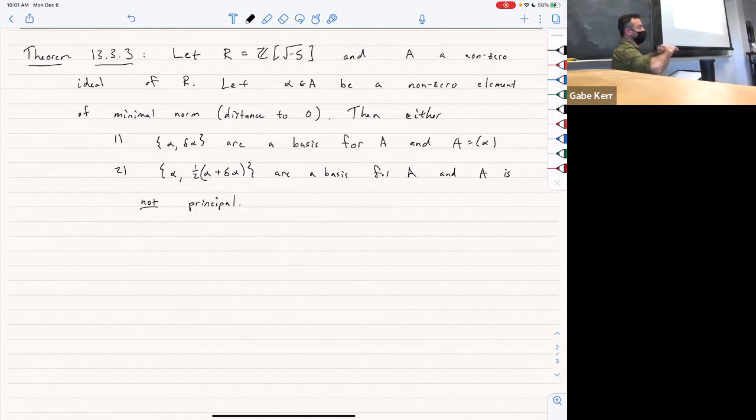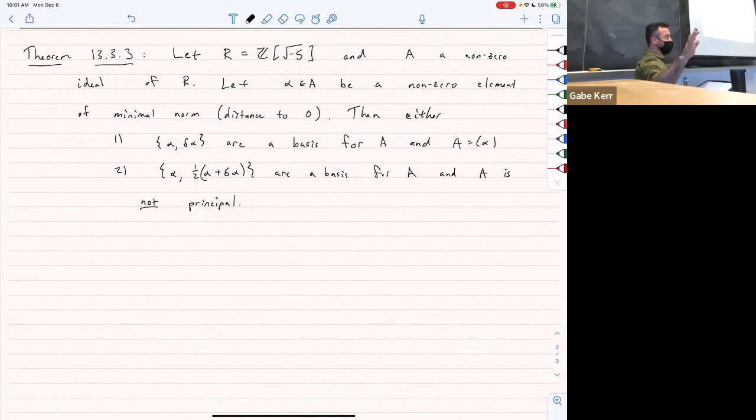In other words, if you look at them as a lattice, instead of drawing them as red dots, you draw them in blue or something, then that lattice will be, up to some dilation and rotation, exactly like the original ring of integers. It will look like just a rectangular lattice, the same sort of ratio of sides. It's similar. On the other hand, it could be in case 2. And if you're in case 2, up to again some dilation and rotation, it will look like that ideal we just saw on the red one. So these are the two possible types of ideals that you get.